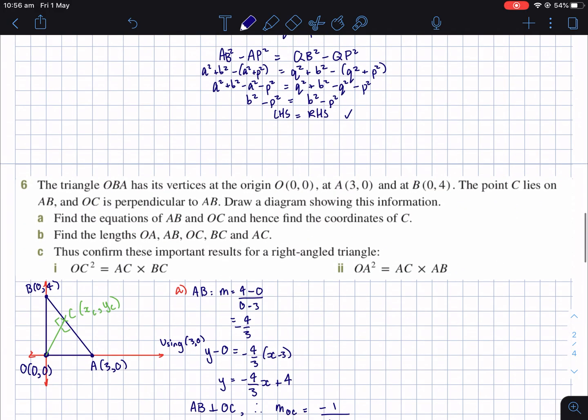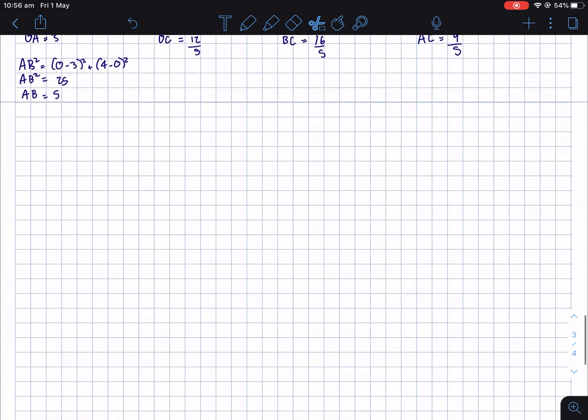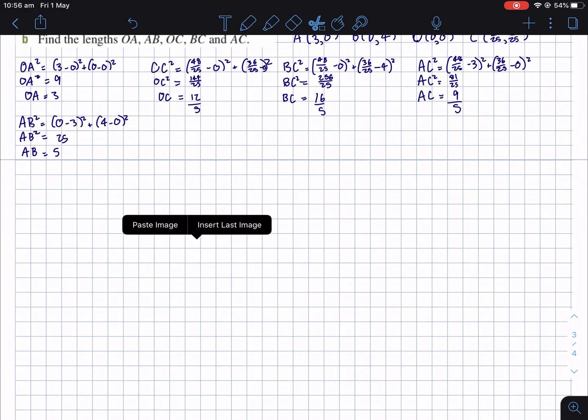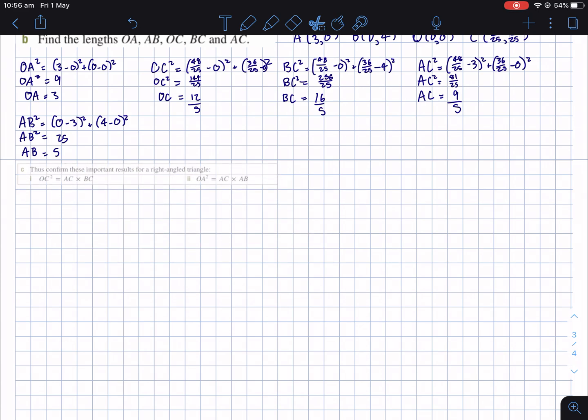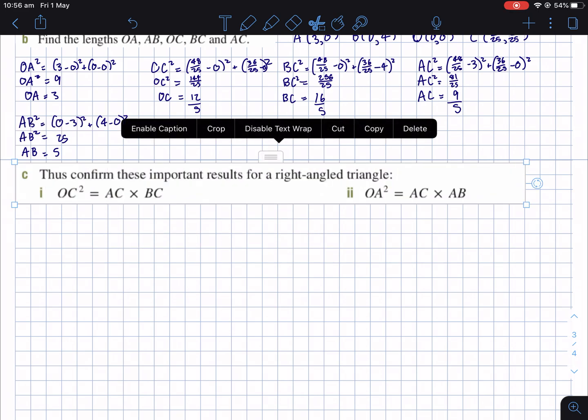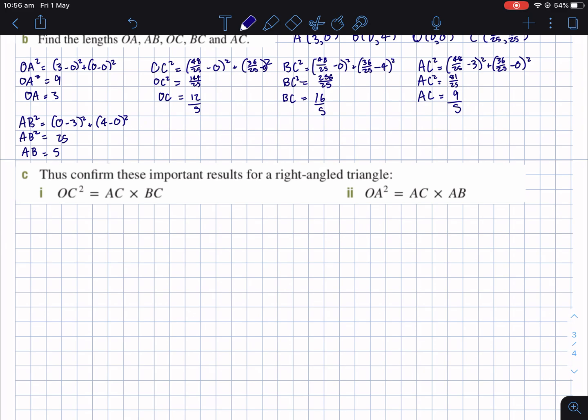All right. So easy. So we're going to confirm some good results for right-angled triangles. So we've got OC squared. OC squared was 144 on 25 equals AC times BC.